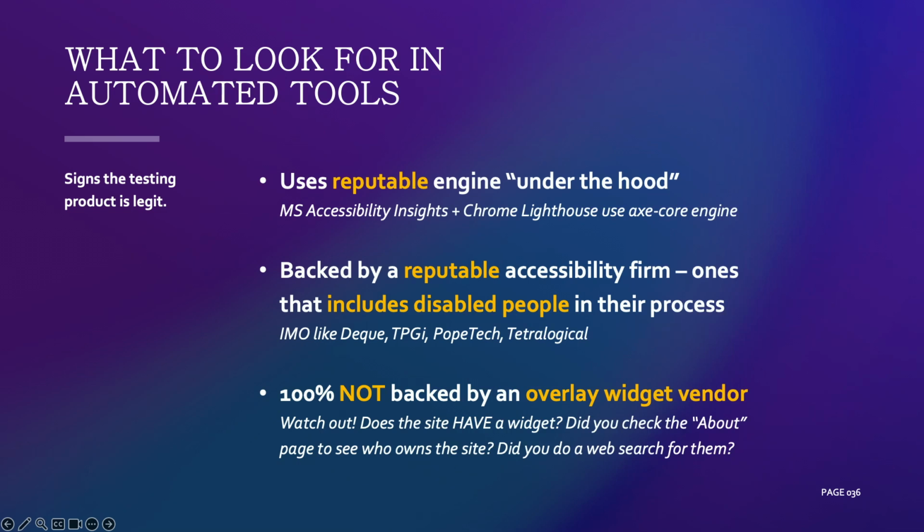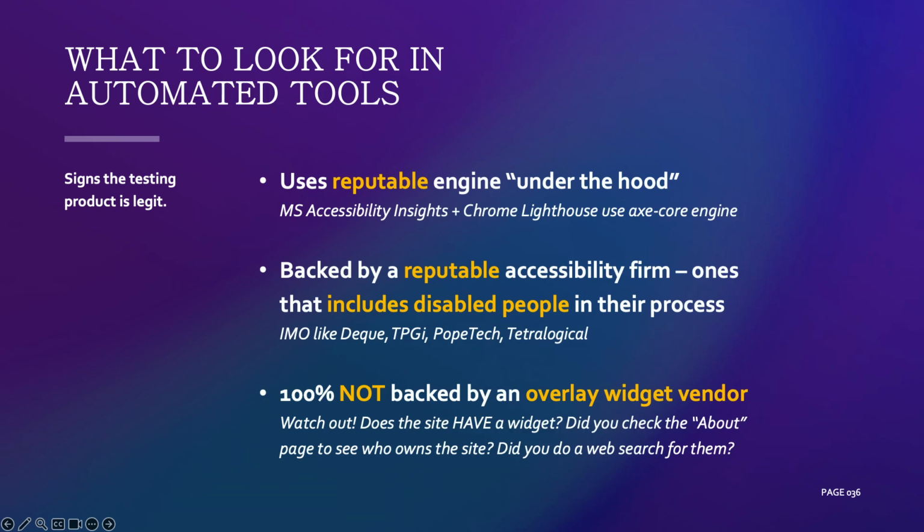So AxeCore, Deque makes this engine called Axe, and their core engine is integrated into other tools. So if you test with Chrome Lighthouse, it's using Axe under the hood. So you can trust that its automated checks, and also the Microsoft Accessibility Insights tool also uses AxeCore under the hood. So those are good.